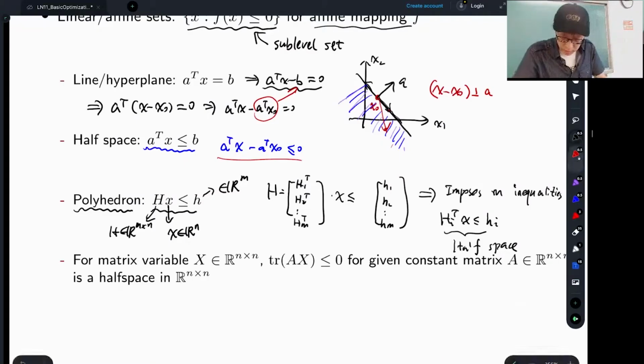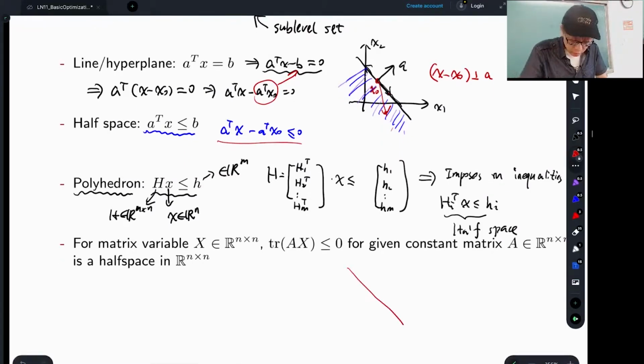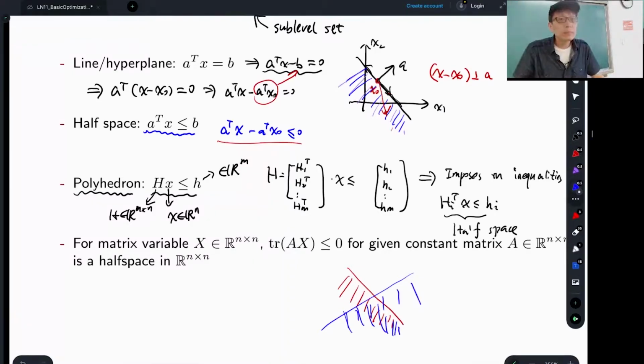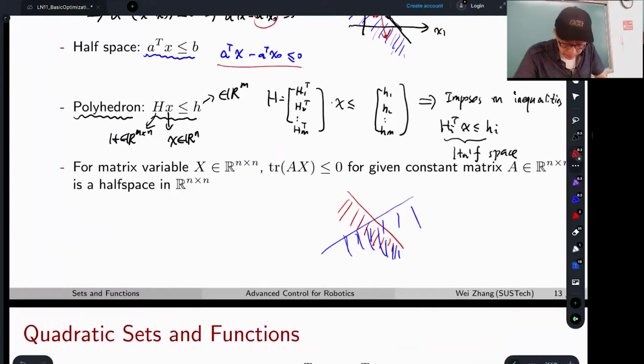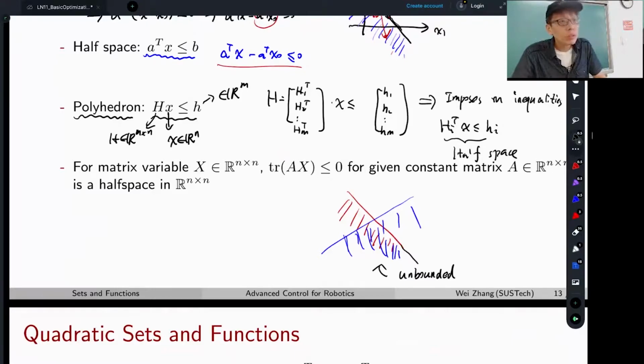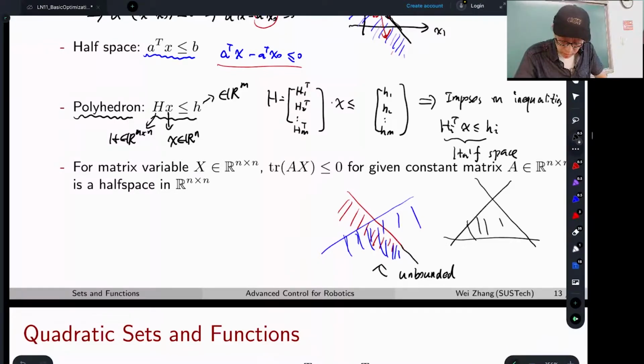So I can draw some figure. Maybe the first row is H1 transpose x less than this, the second row tells me this, then overall I will have this region. In this case, this is an unbounded polyhedron. Many times I can have this, that, this, so eventually I may have a bounded one.